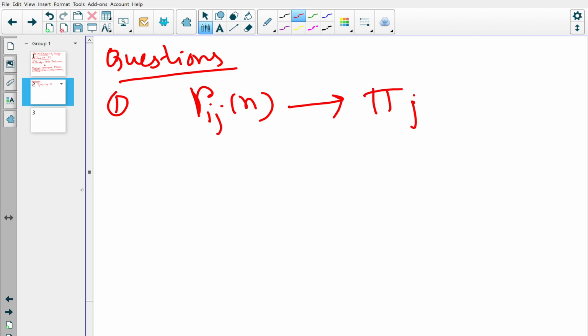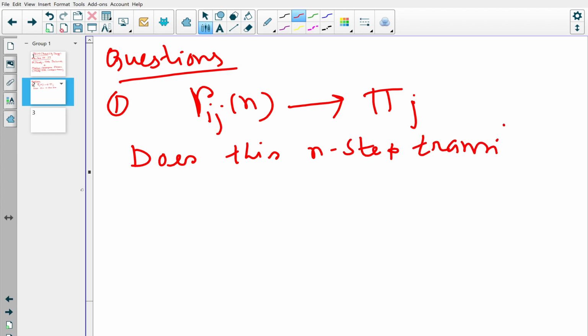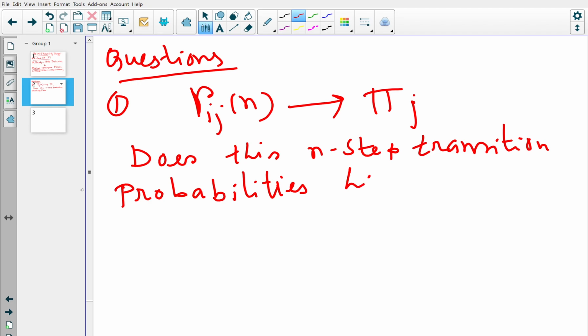So, does this n-step transition probability have a limit?